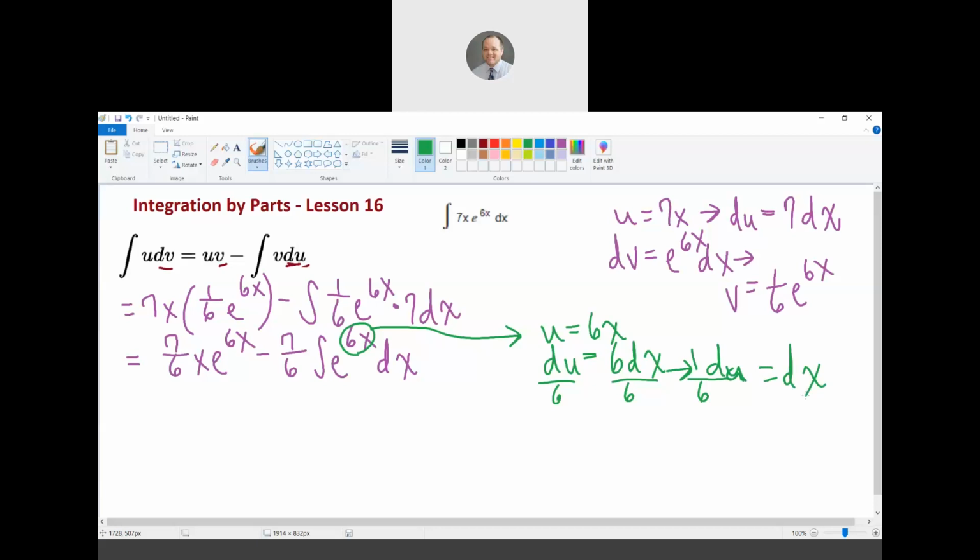So we already know from earlier that this integral is actually 1 over 6 e to the 6x power.